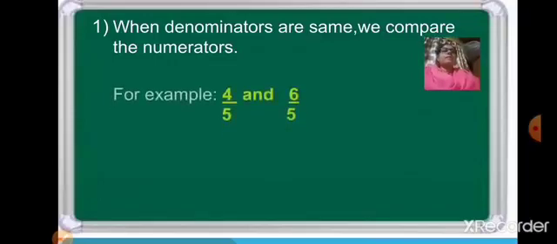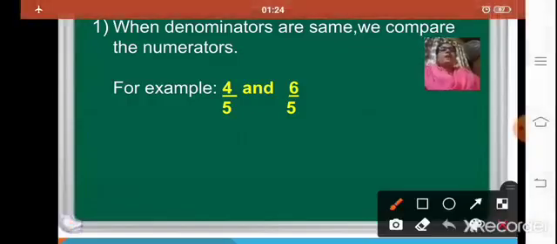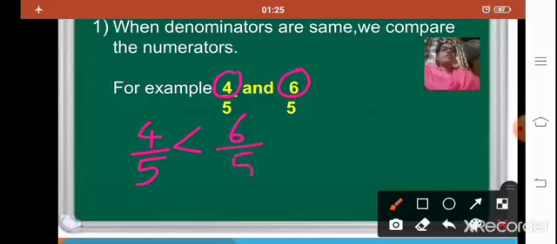For example, here 4 upon 5 and 6 upon 5. In these fractions, the denominators are the same. The numerators are 4 and 6. Out of 4 and 6, 4 is smaller than 6. So you can say that 4 upon 5 is smaller than 6 upon 5, or also that 6 upon 5 is greater than 4 upon 5.